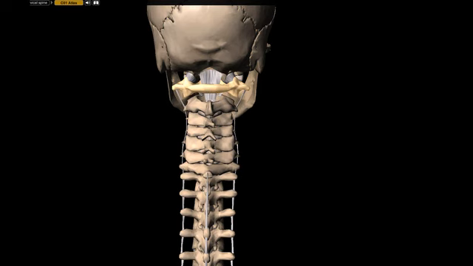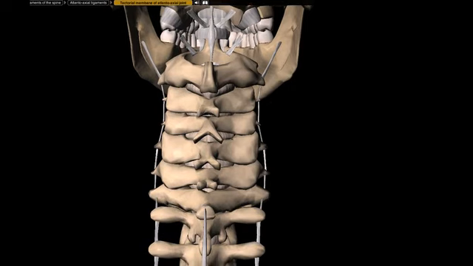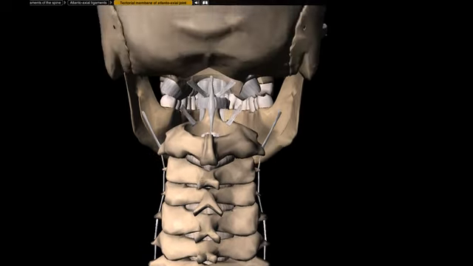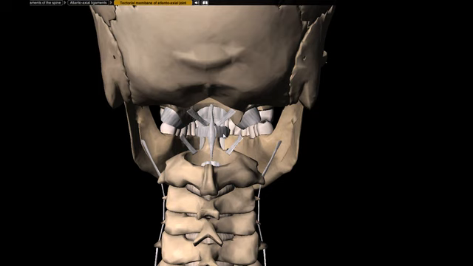So if I remove the atlas and remove the tectorial membrane, now I have direct visualization, I'm going to zoom in on this a little bit, of the cruciform ligament. And the cruciform ligament is the ligament that provides support to the dens against the atlas.